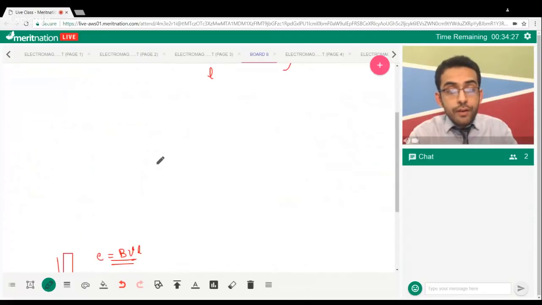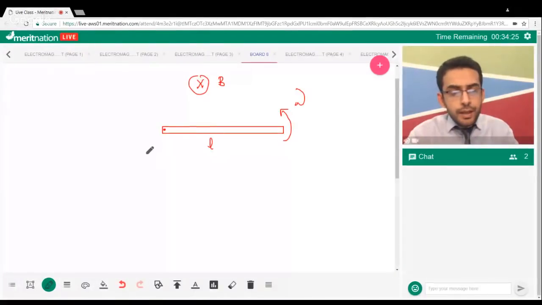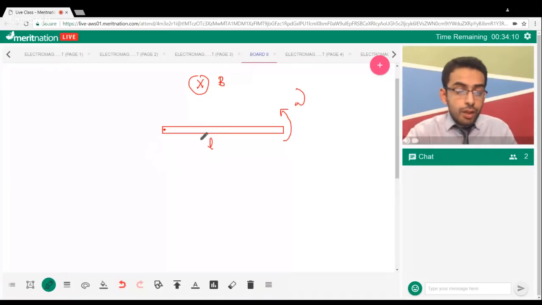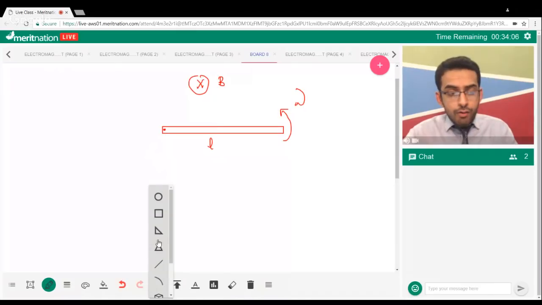Okay students, now if you observe here, every part of this conductor is moving with different speed, with different velocity. So how to find the EMF induced? How to find that? In this given situation, we will apply this law to an element and integrate it for the complete length.